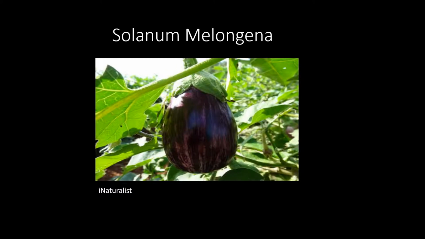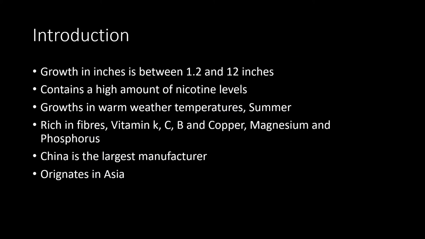This is the species eggplant, also known in science as Solanum melongena. I hope I said that right. So, an introduction to my species. It basically grows between 1.2 to 12 inches in length, and it contains a high amount of nicotine levels.